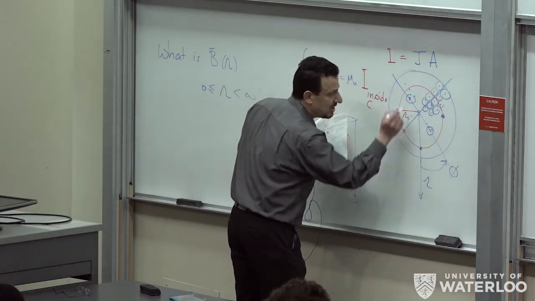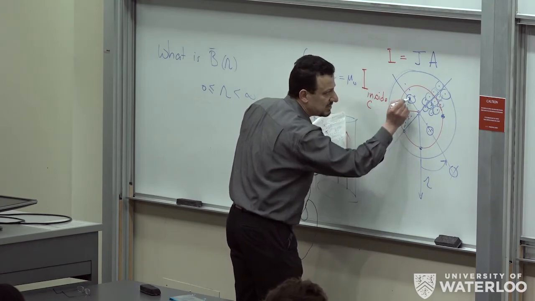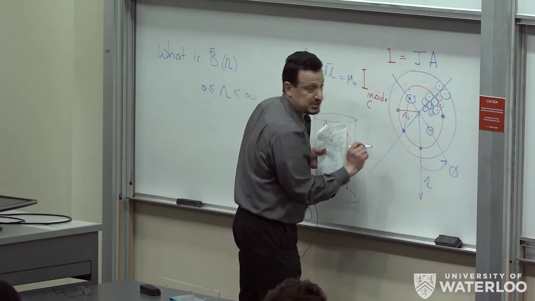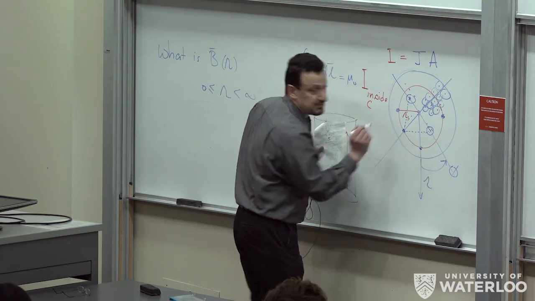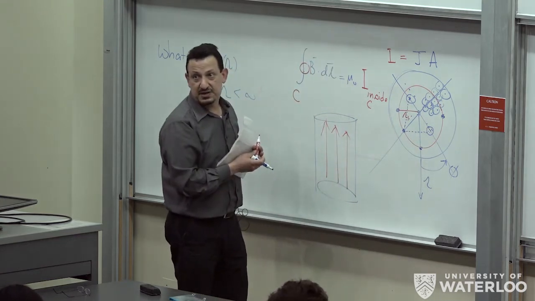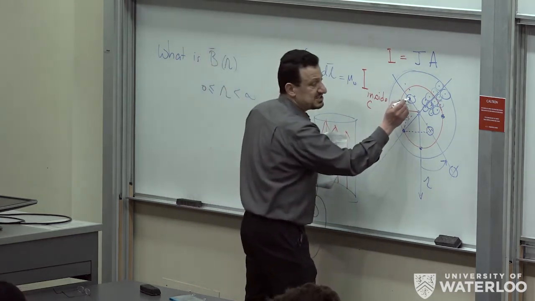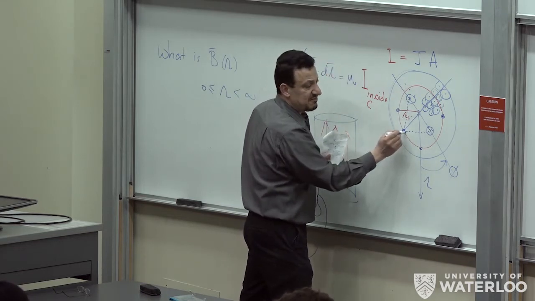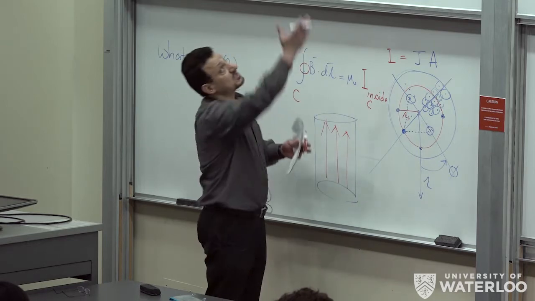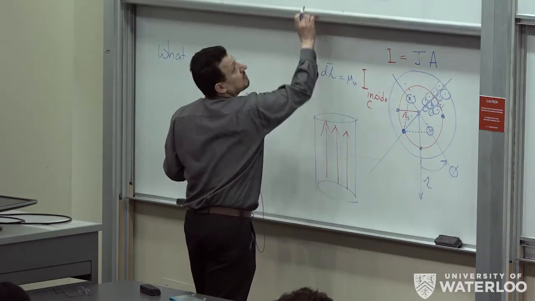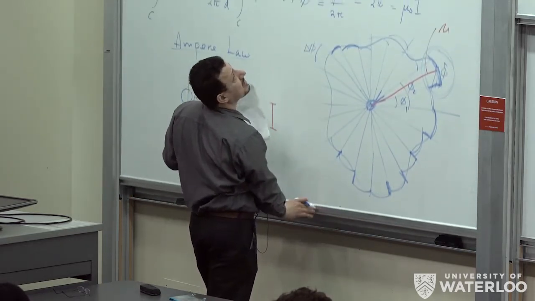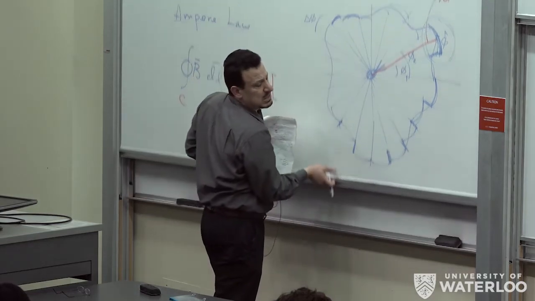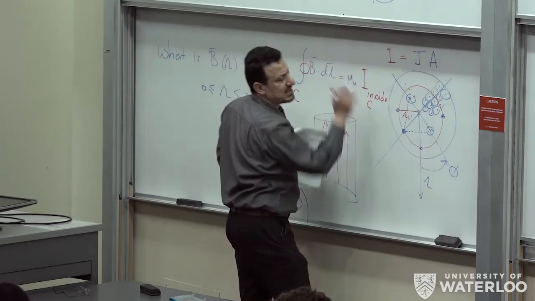then I draw a straight line between this line and my observation point, this line and my observation point. Okay? So this line, just one current line, will give me a field. We solved it, right? We solved the field due to a current line right there. Will give me a field pointing in which direction?